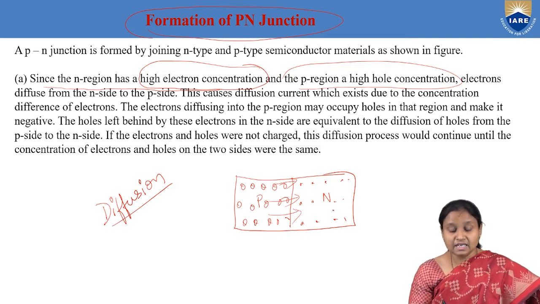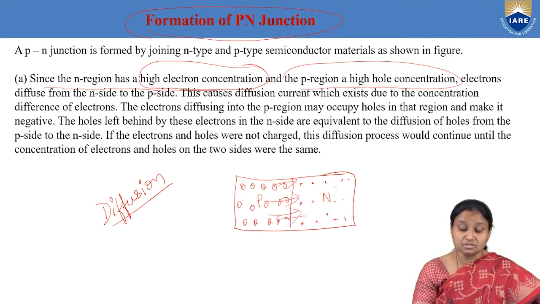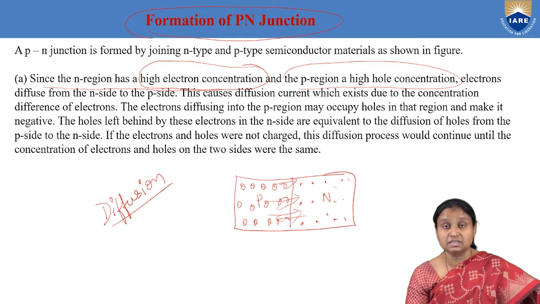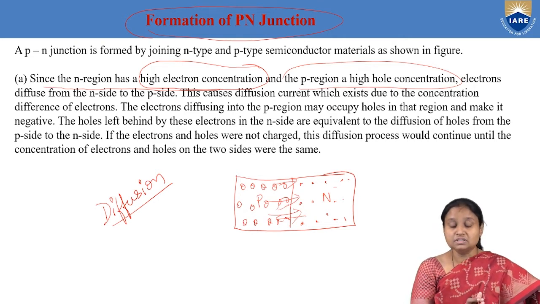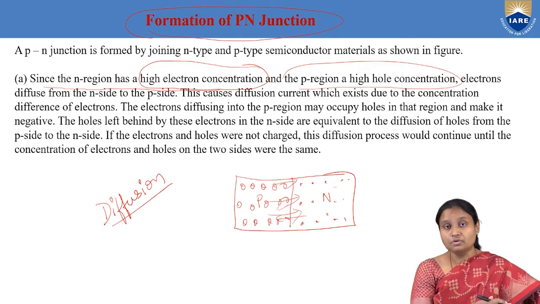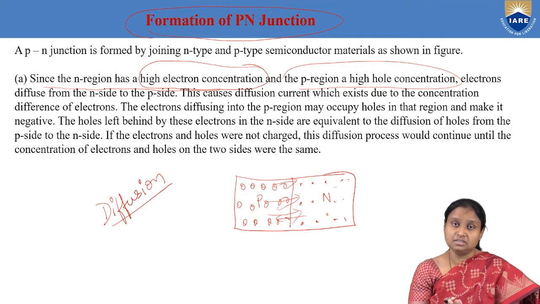And in the N region we have plenty of electrons, whereas in the P region we have very few electrons. That's why we have flow of electrons from the N region to the P region. So here diffusion of electrons is taking place. First we have diffusion of holes from the P region to the N region, and then diffusion of electrons from the N region to the P region.